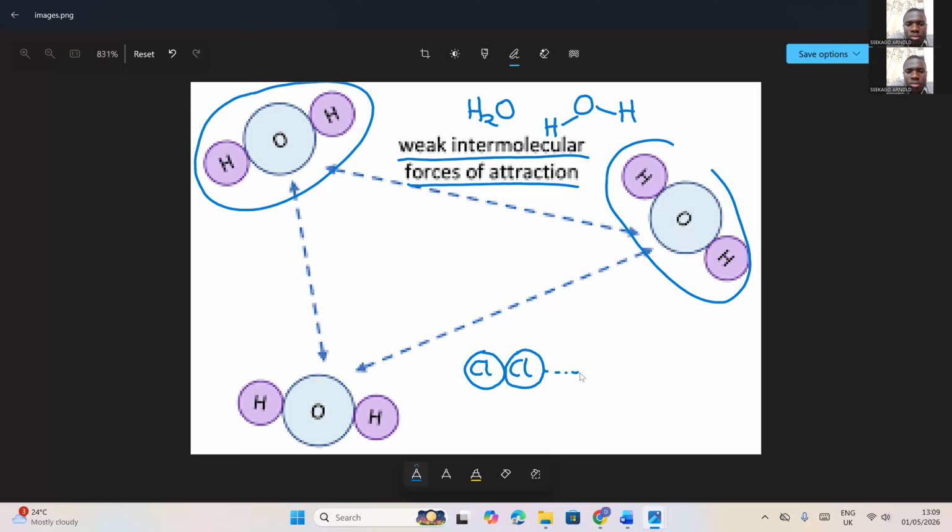It joins with another one, and another one, so the process of joining continues. And these dotted lines you are seeing are what we call the weak intermolecular forces of attraction. So this type of structure is the simple molecular structure.